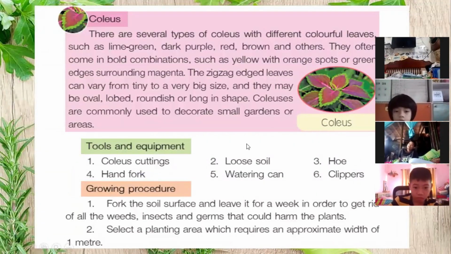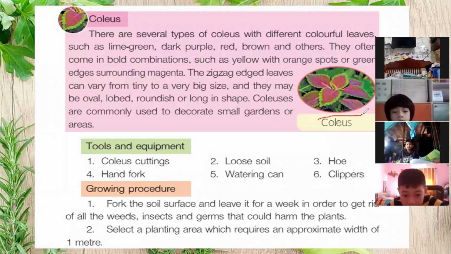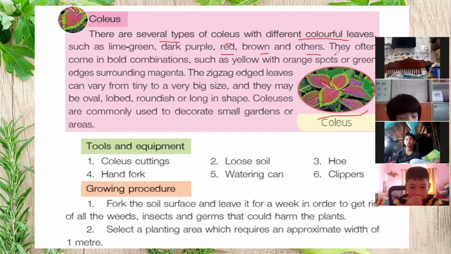All right, so our next plant is Coleus. As you can see here in the picture, this is how Coleus looks. There are several types of Coleus with different colorful leaves, such as lime green, dark purple, red, brown, and others.